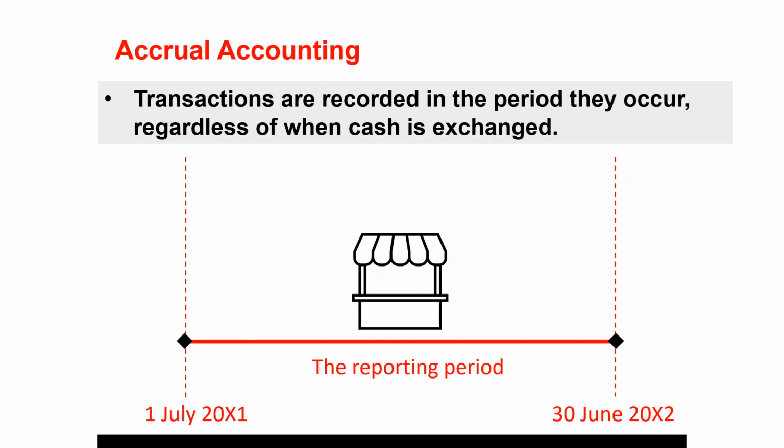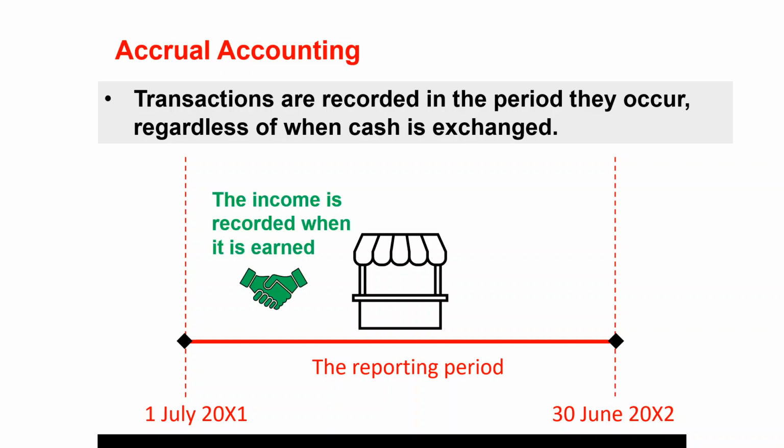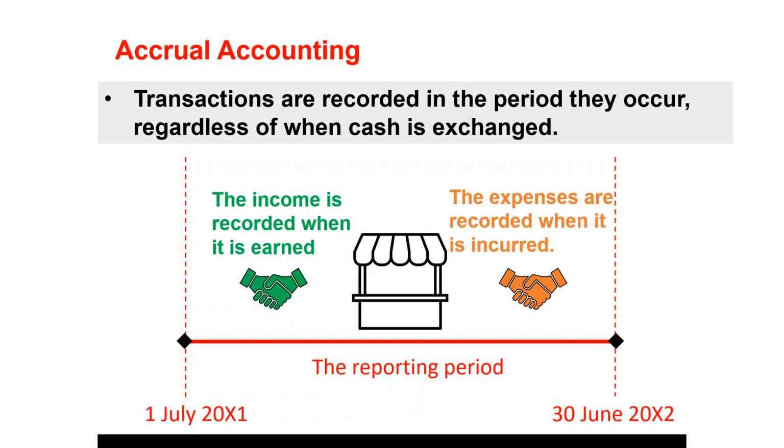Alright, let's move to the accrual accounting concept. We record when the transaction happens regardless of when cash is exchanged. So the income is recorded when it is earned and the expenses are recorded when they are incurred. This way of accounting shows the amount you owe to people and the amounts owing to you.